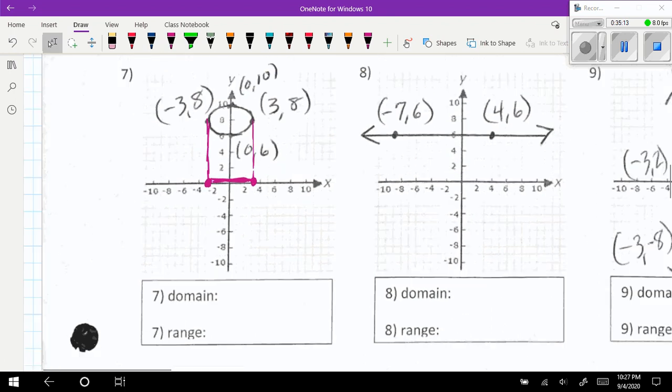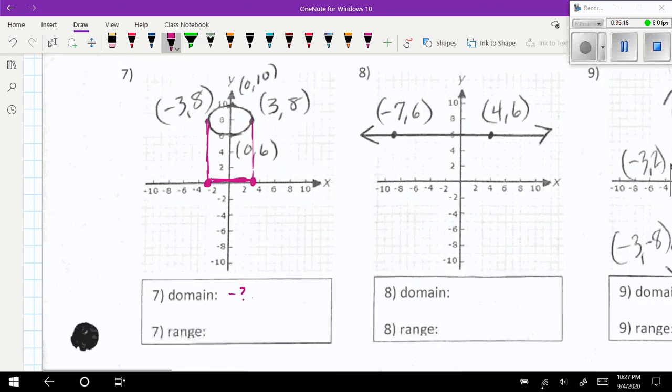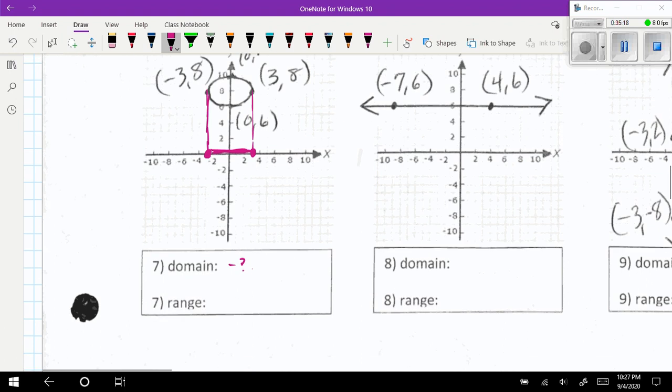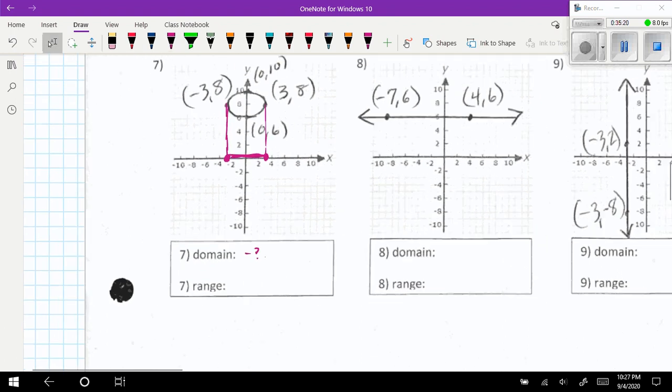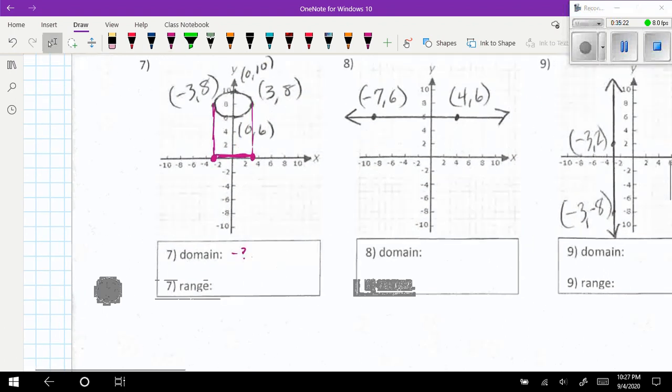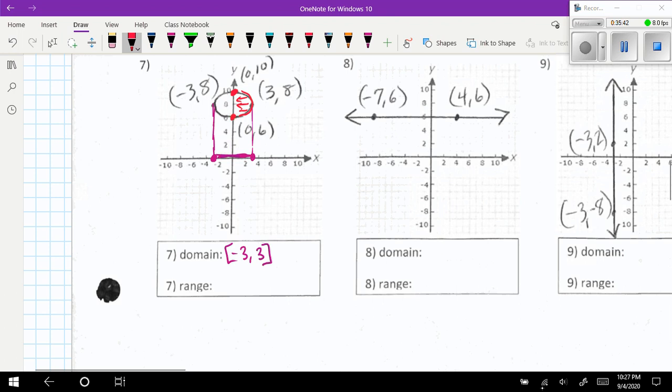I'm looking at my domain being -3 to +3. Sorry, hold on. -3 to +3, including both of them. And my range looks like the highest point is 10, lowest point is 6, and all of these points, if they've merged over to the y-axis so I could read the y values, would fill that in.